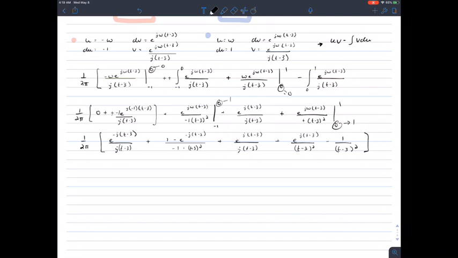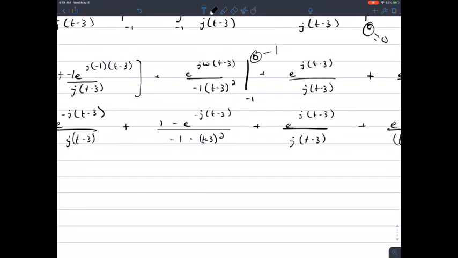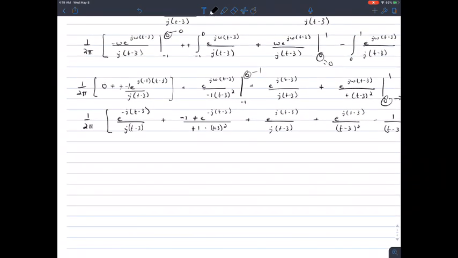This is what you need to be thinking about when you have to do this god-awful integration by parts. It's going to simplify down to something nice-ish. Okay? So we're going to get rid of this negative on the bottom, turn that to a positive, turn that to a minus, turn that to a positive. Okay?